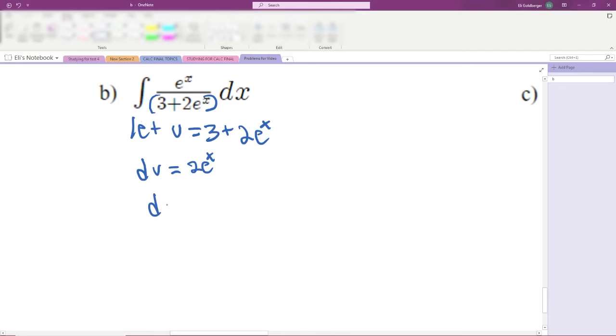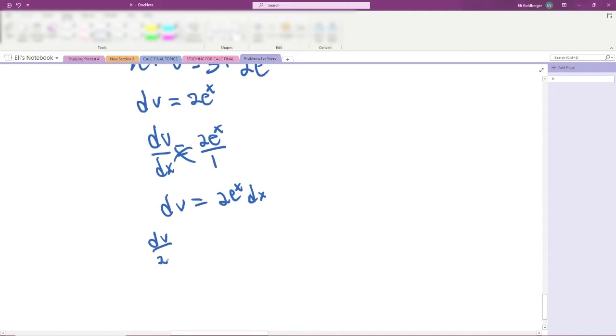So now we know that du over dx equals 2e to the x over 1. Cross multiply, you get du equals 2e to the x dx. Then we divide both sides, so you get du over 2e to the x equals dx.